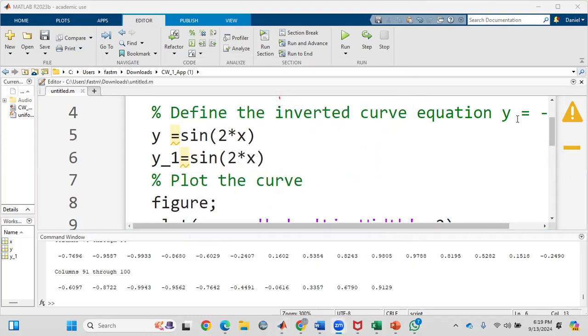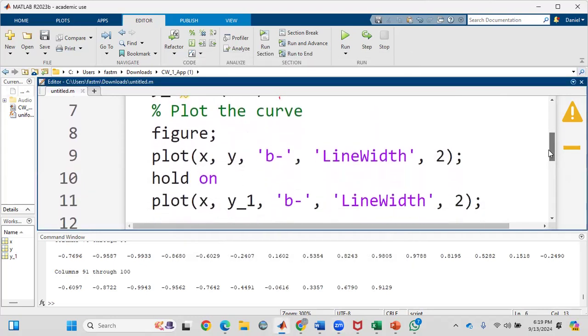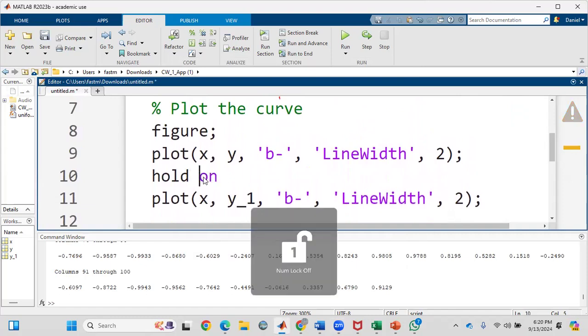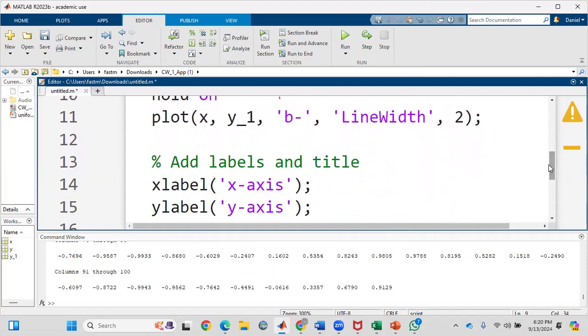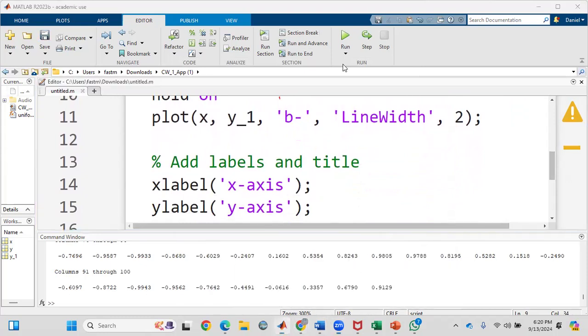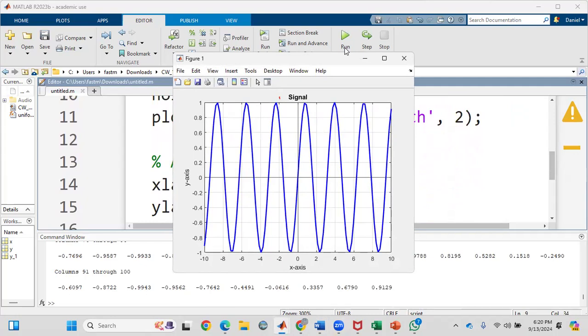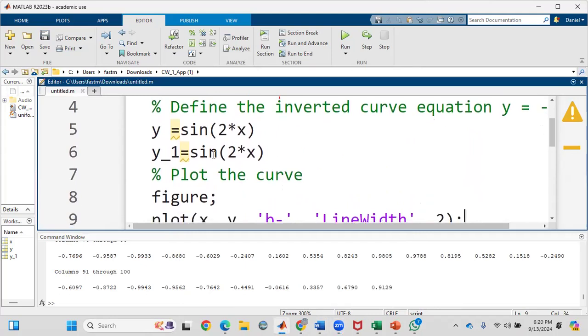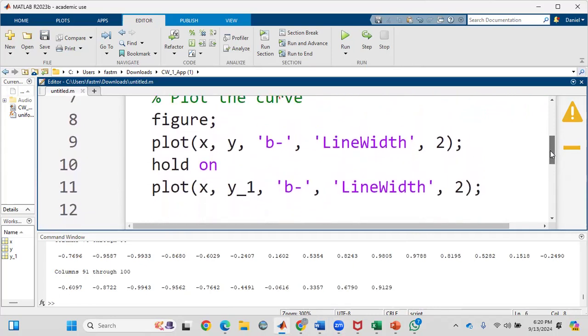Oh, I plot it. So x. Did it plot 2 graphs? No, it didn't. Let's see what's going on here. Anyway, I'm not going to stress myself out.